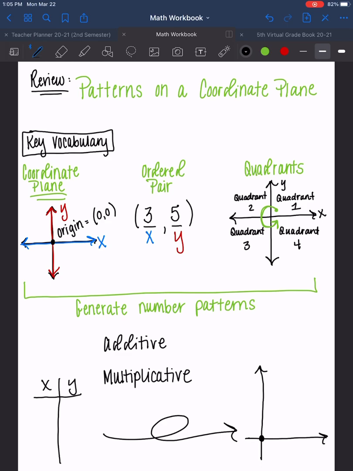So the additive and multiplicative, they're the relationship that we see between the ordered pairs. We best see them in the T-chart, but they translate into a visual on the coordinate plane. Now, additive, as we remember correctly, is when we see an addition pattern in our ordered pairs. Multiplicative is when we see a multiplication pattern in our ordered pairs.